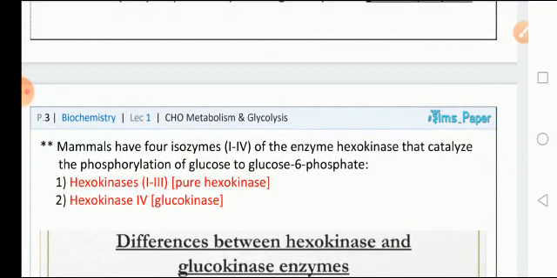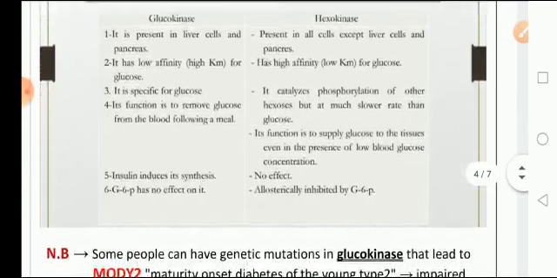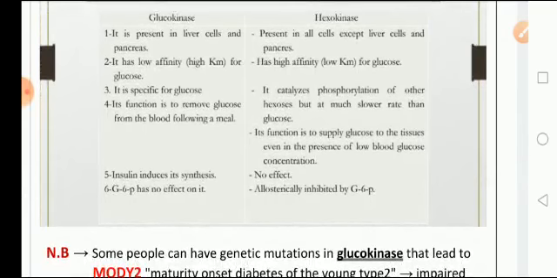Once the glucose 6-phosphate level increases, it inhibits the hexokinase enzyme, which is a kind of negative feedback. Unlike hexokinase, glucose 6-phosphate has no effect on the glucokinase enzyme. Instead, insulin induces the synthesis of glucokinase.